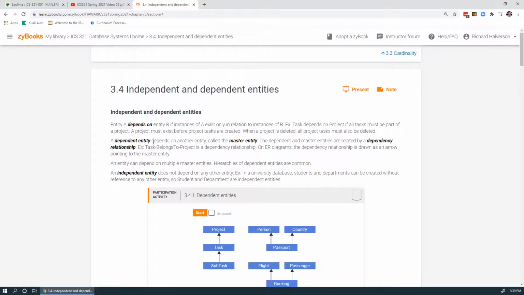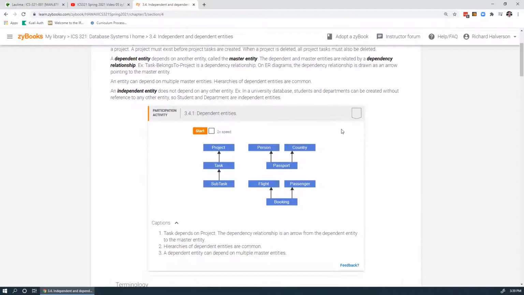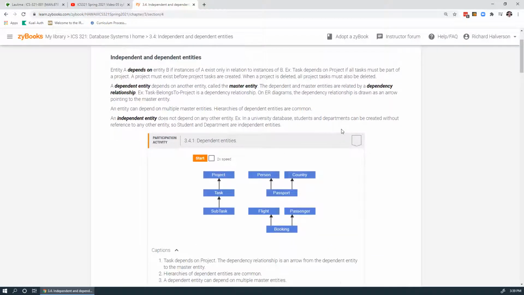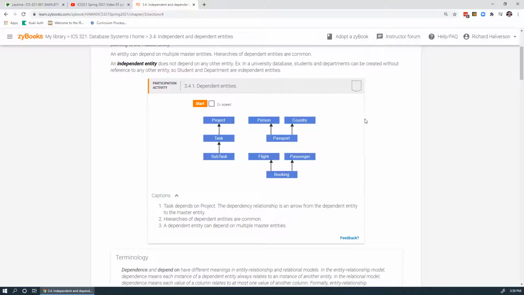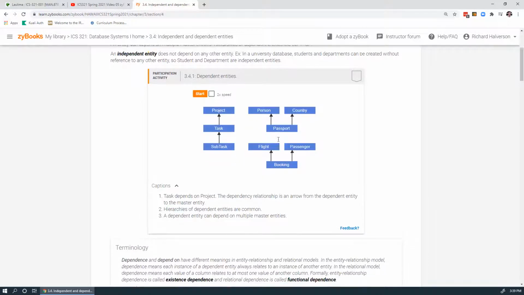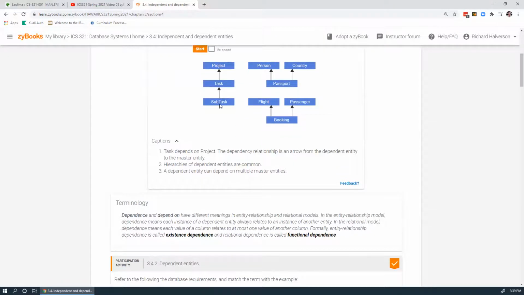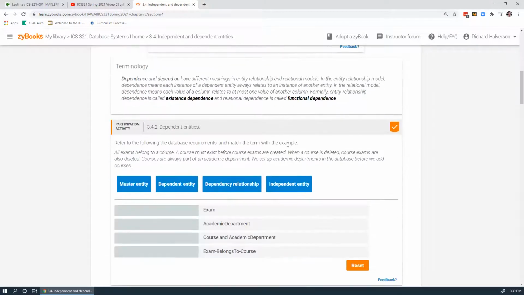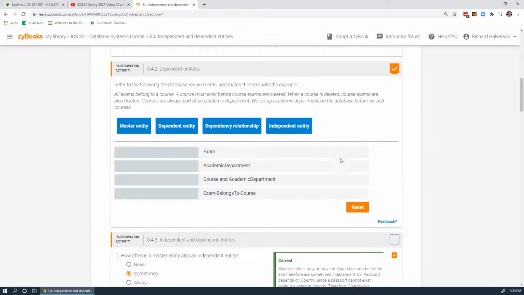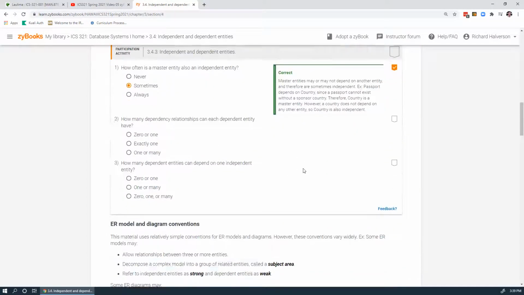Where do we talk about dependent and independent? Okay, an independent entity can exist on its own. A project can exist on its own. A master entity. Okay, is this? Oh, okay, a task. A task is like a master entity to subtasks, and that's why this is sometimes.